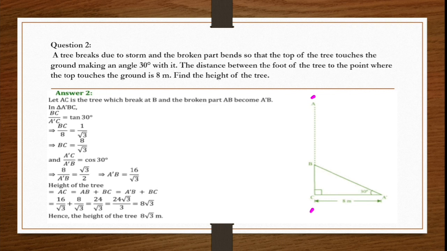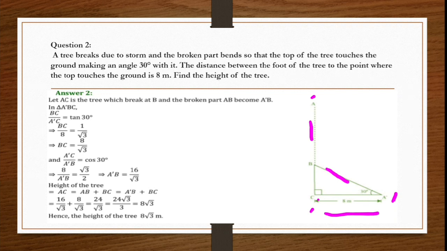Only given that this foot of the tree and this head of the tree after the storm, which touches the ground, is 8 meter apart. That means A dash C is equal to 8 meter, given. Now first of all, if you can see, this A dash B and this AB, both lengths are the same.